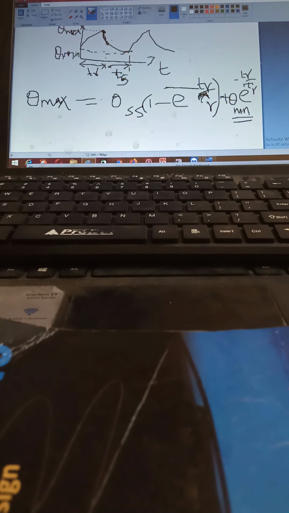Listen, here I cannot neglect this term because before it cools down to minimum value, again it starts heating. Last class you remember I told you that you can neglect the second term in short time duty load, because why? It is happening for a small time and it will not be able to reach this value theta SS, right?